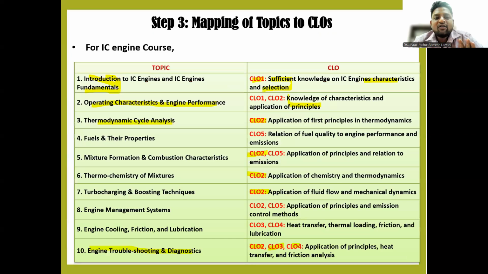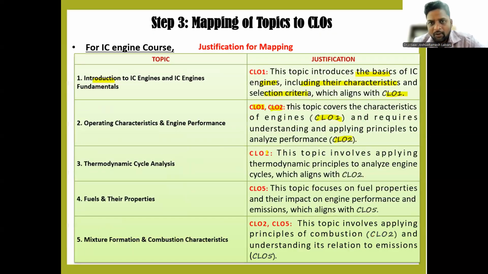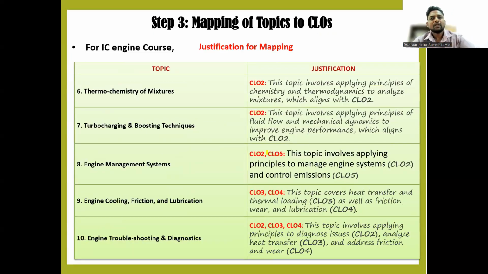Like that, for each topic, it is already aligned with your CLO. Your course learning outcomes are already mapped with Bloom's taxonomy level. Now you have mapped each topic of your subject to your particular course learning outcomes.